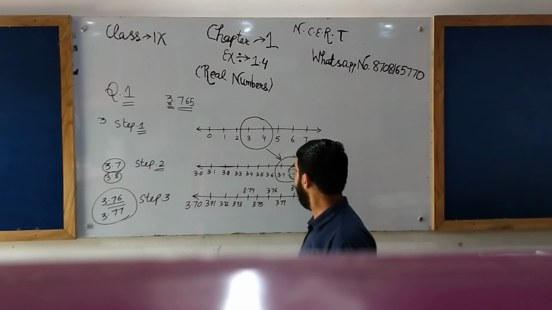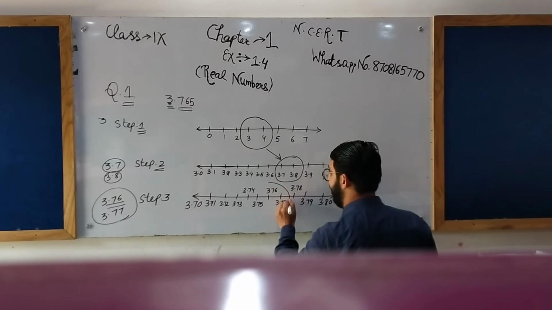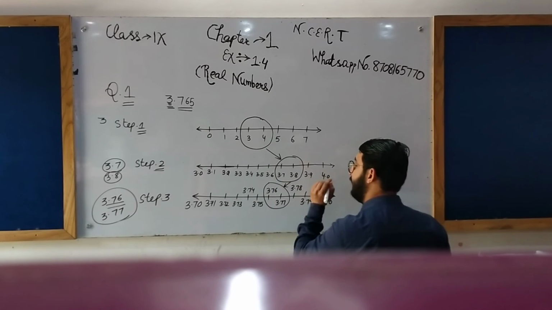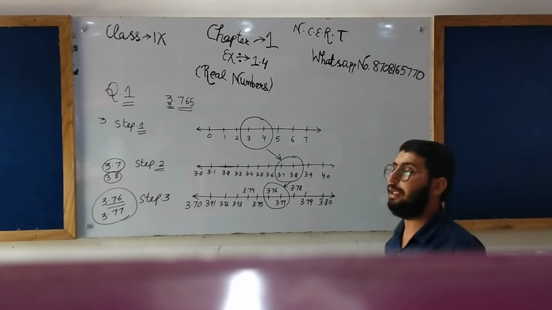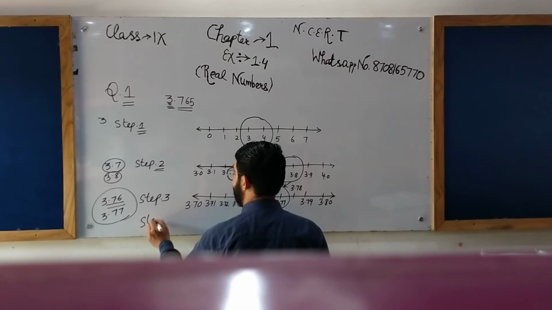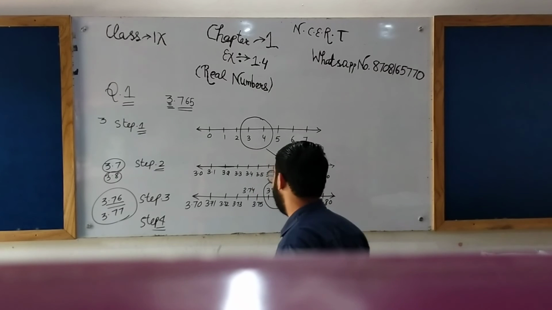Now look for these two numbers, 3.76 and 3.77. The arrow will be like this. Now we are proceeding towards the last step, step 4, because the digits are 4, so the steps are 4.